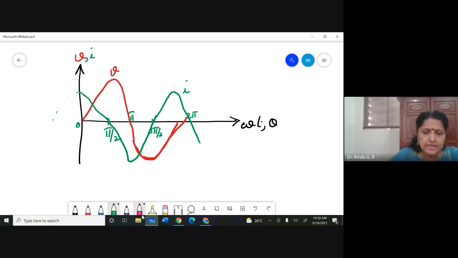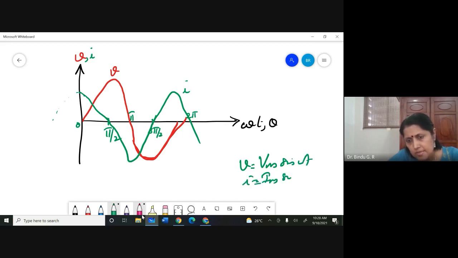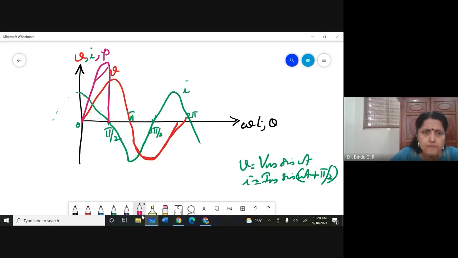This is leading. Current is leading because V is equal to Vm sin omega t, and I is equal to Im sin omega t plus pi by 2 in the case of capacitance. Now if I am drawing the power waveform from 0 to pi by 2, both I and V are positive, so I have a positive power, P. From pi by 2 to pi, voltage is positive, current is negative, so I have a negative power.